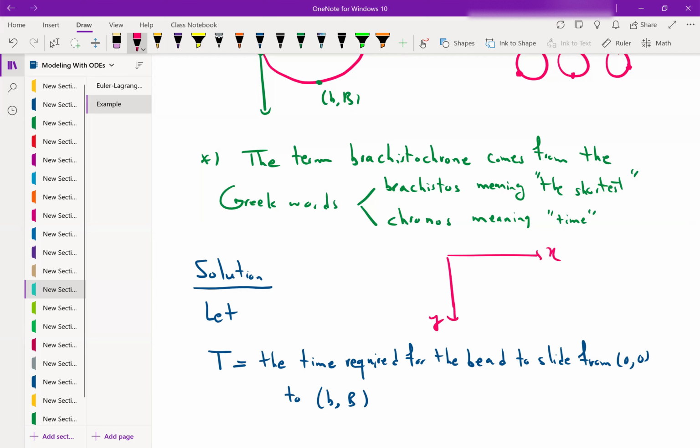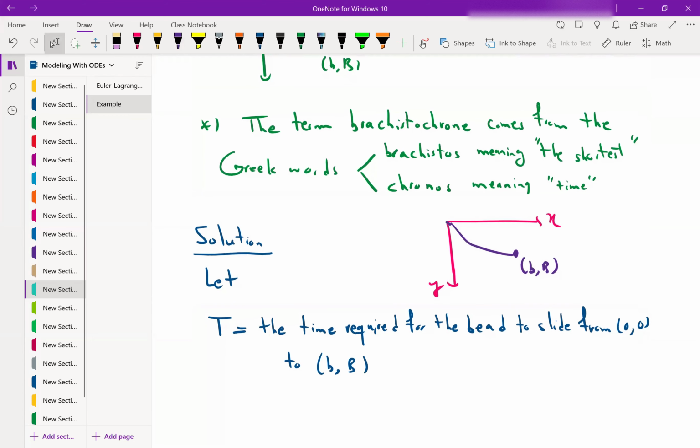X-axis, Y-axis, and then here we go. This is little b, comma, big B here. And then big T is the time required for the journey.